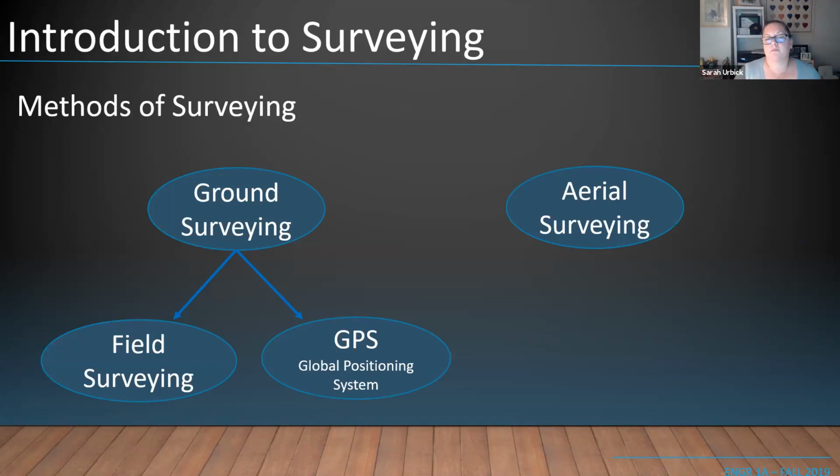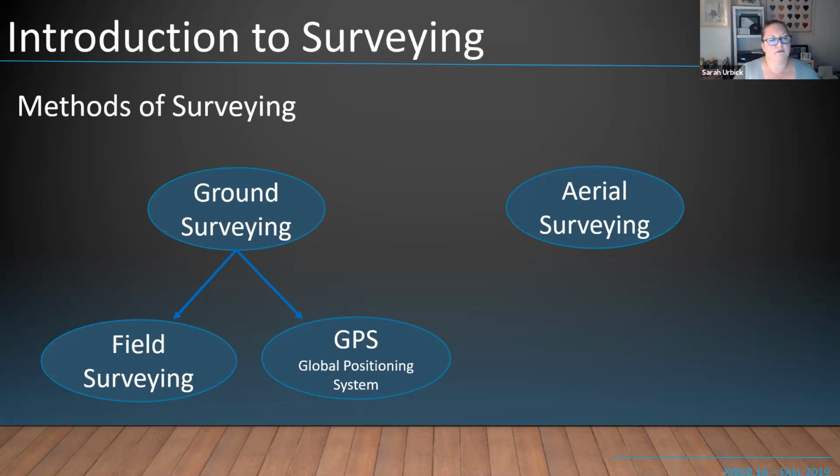This is covered mostly in the reading. There are different ways we can go about taking these measurements. We can do it from the air. We actually have a lot of records of aerial surveys, where we've got marks on the ground. And a lot of times that was how we got our original topographic maps.